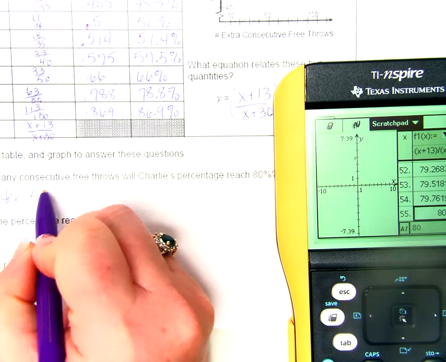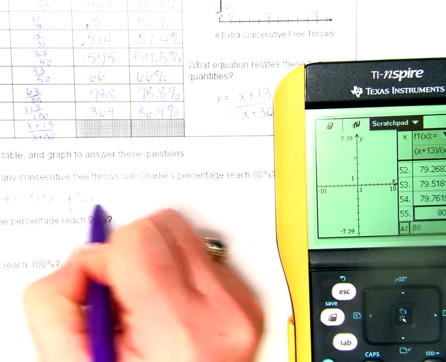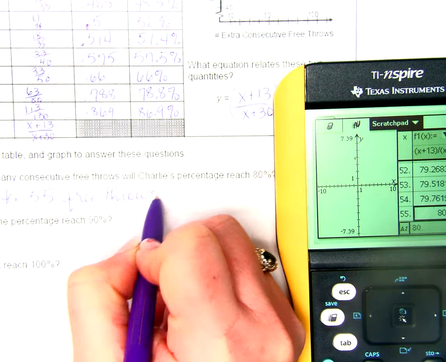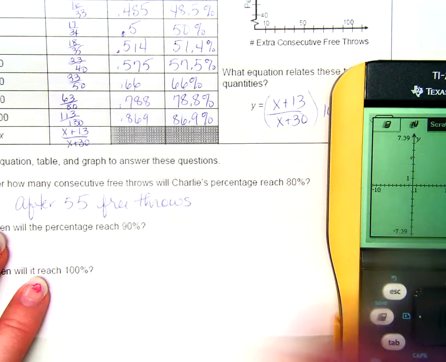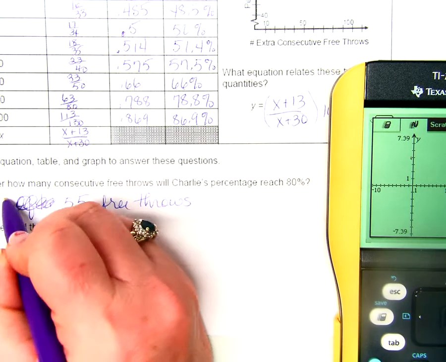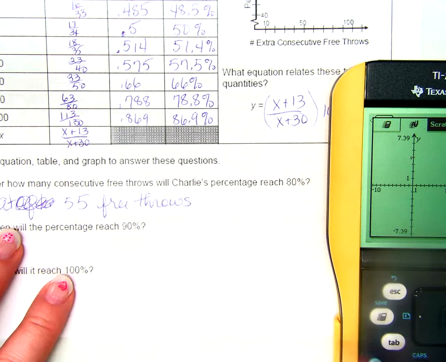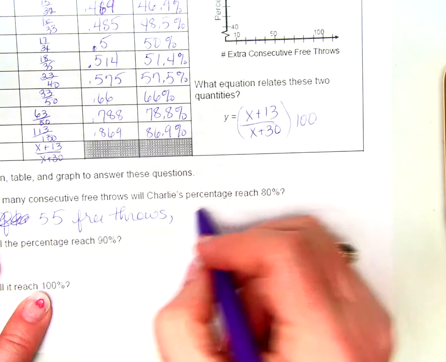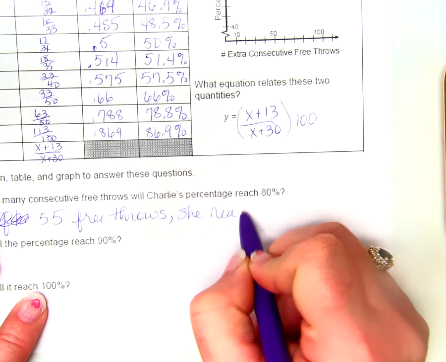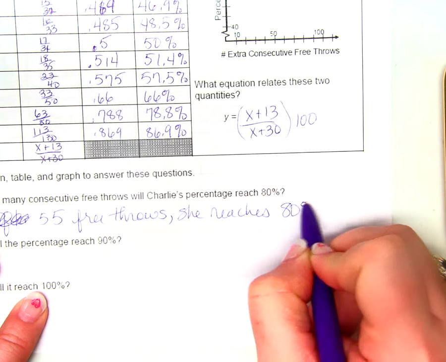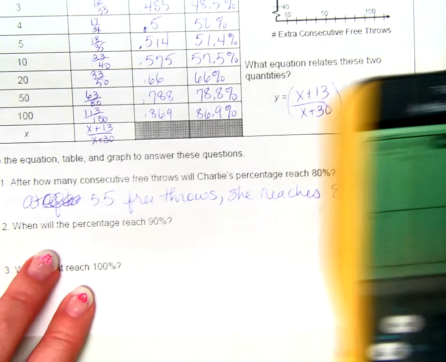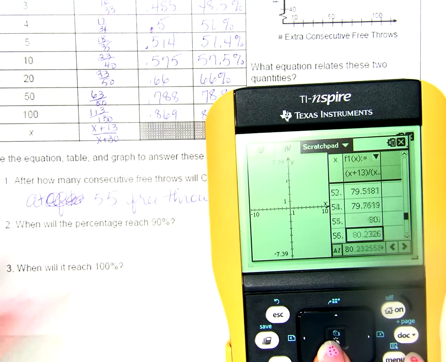At 55 free throws, she reaches 80%. Okay? When will her percent reach 90%?